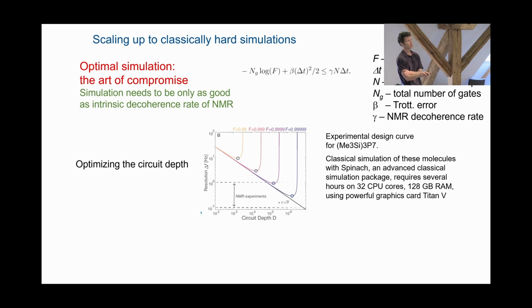The estimate that Kushal and Dries did was to take known molecules which are hard for currently known approaches, which require considerable classical computational time. And then we can ask, what is the effort involved? What would we need from quantum hardware to achieve this?